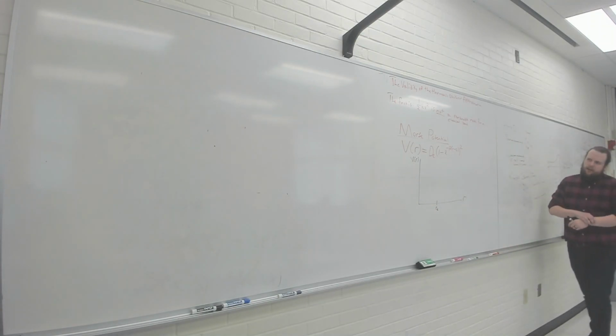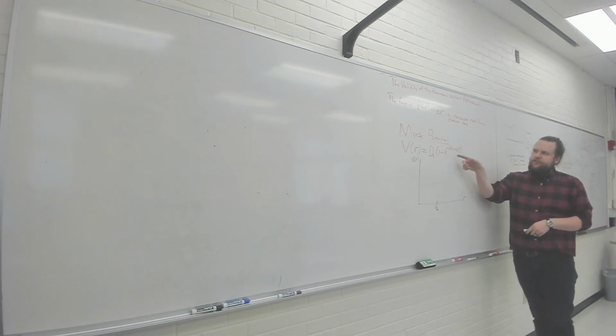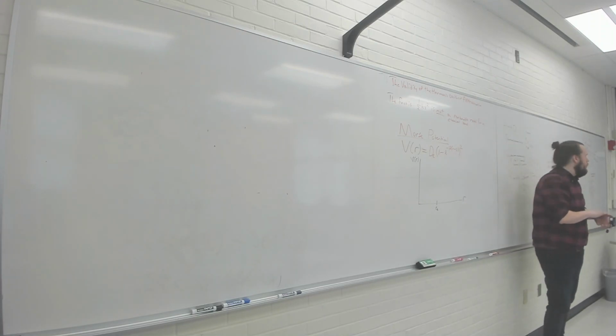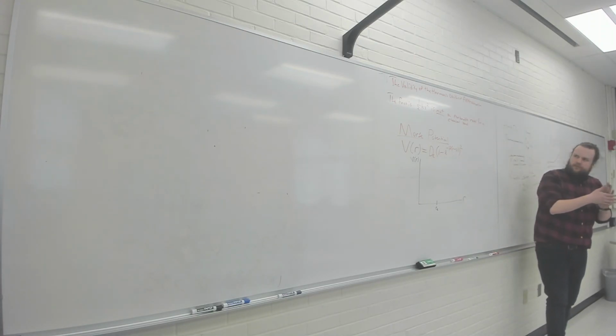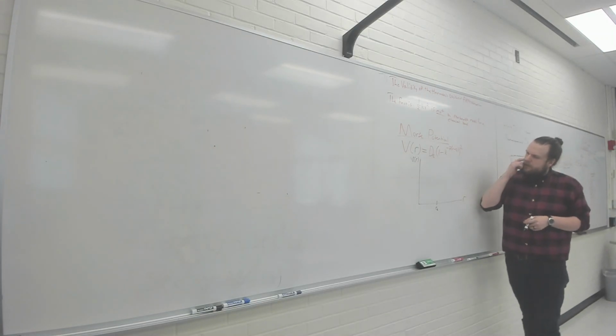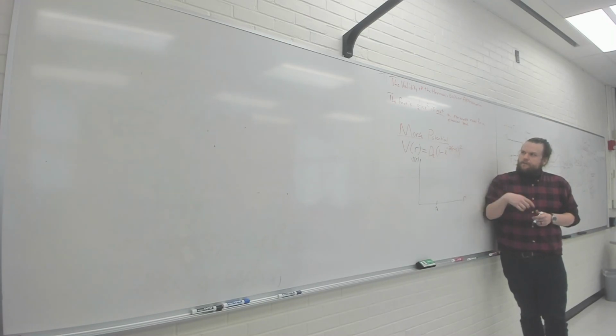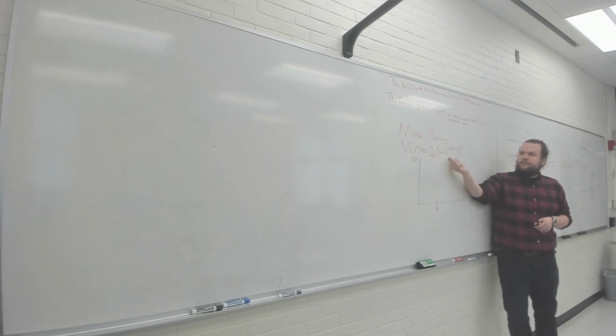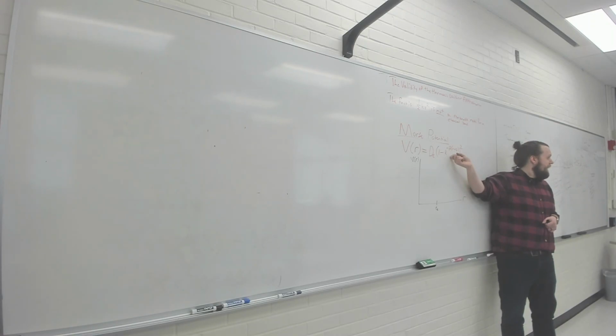Let's think about how this function acts as we go from R equals 0 to R equals infinity. If R is equal to 0, then this term is big. You have e to the minus beta times a negative number, so that's e to a positive number. 1 minus e to the positive number is a big negative number.